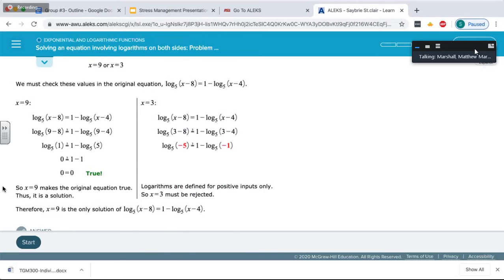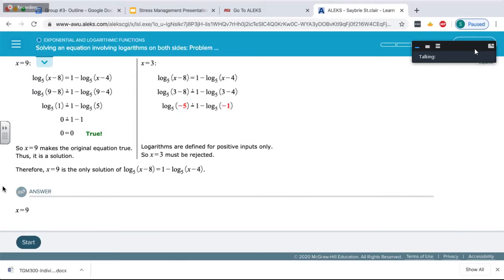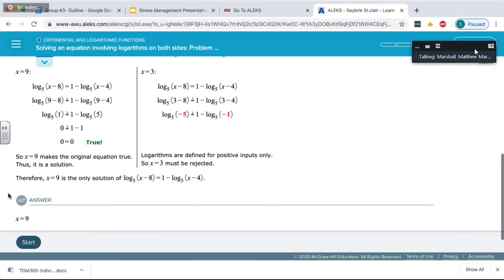And then you gotta plug it in and check them. Alright, go down to the bottom. So only one answer is good. All right, that makes sense.